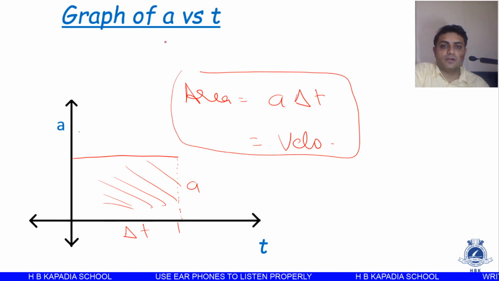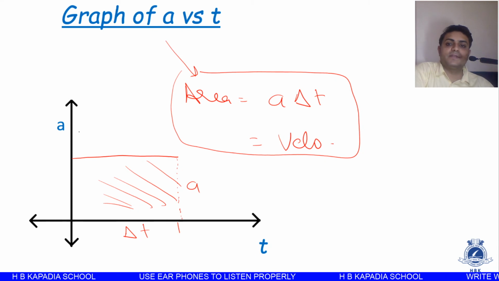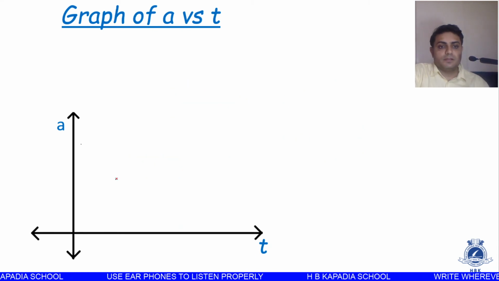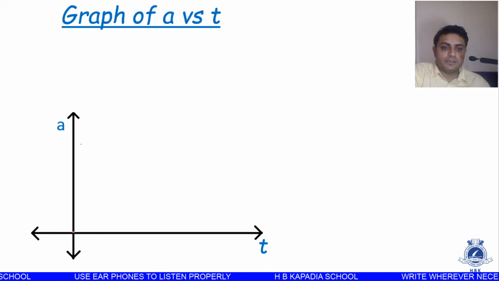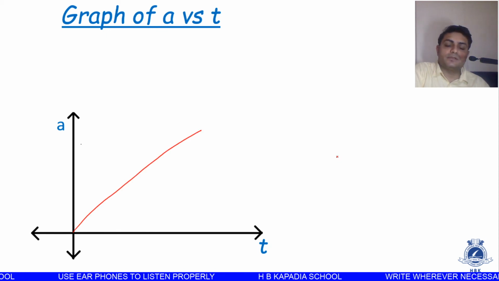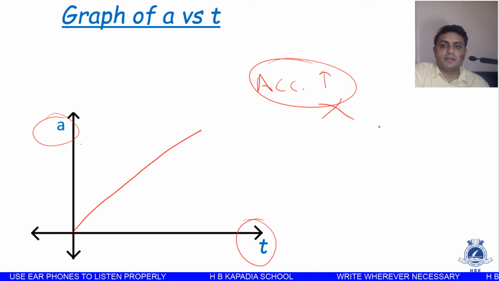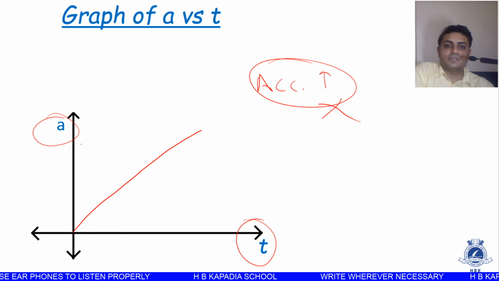So the area of the graph of a versus t gives the information about velocity. If a graph is like this, then it doesn't give any information, because in this case again the acceleration is increasing, and the physical quantity which indicates the increase in acceleration is not there in our syllabus.